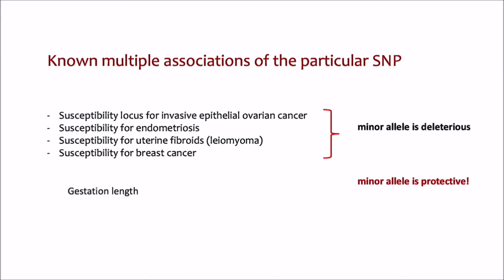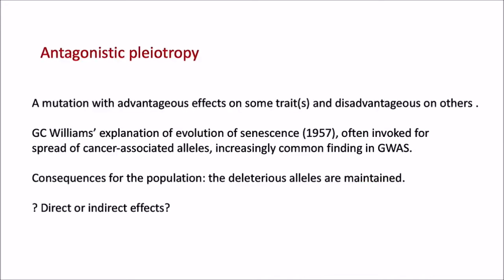But when we looked at how they affect, what direction the association goes, we noticed that the minor allele at this locus is actually deleterious for those associations, but is protective against preterm birth. So the effect goes in different directions. That's why I call it the antagonistic pleiotropy.